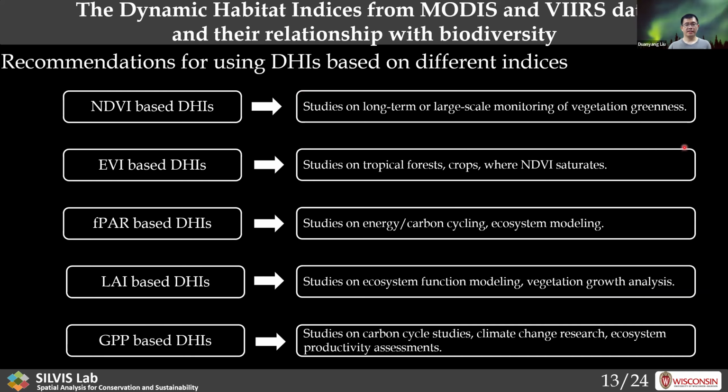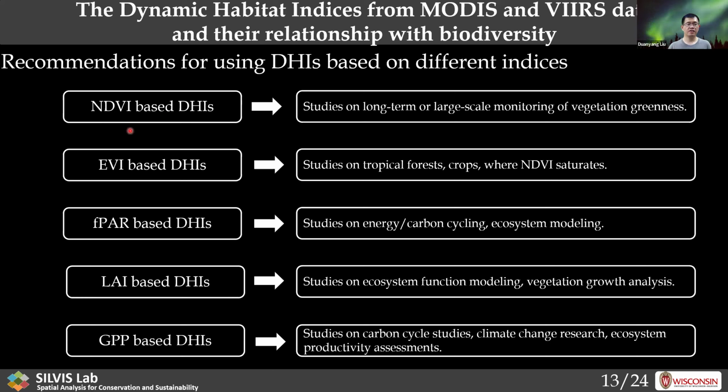In the prior slides, you saw some DHIs based on different vegetation products, and those products emphasize slightly different photosynthesis characteristics of vegetation. And here is a general guideline of the application when using those DHI products.